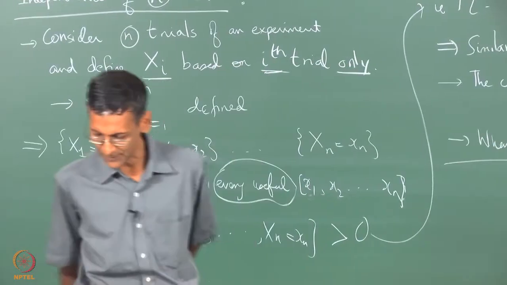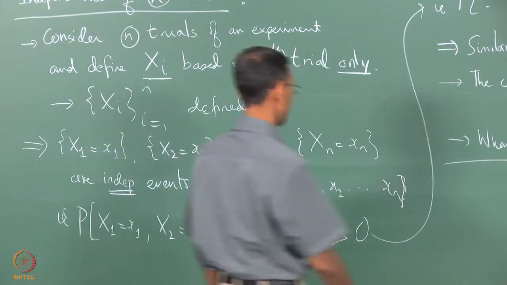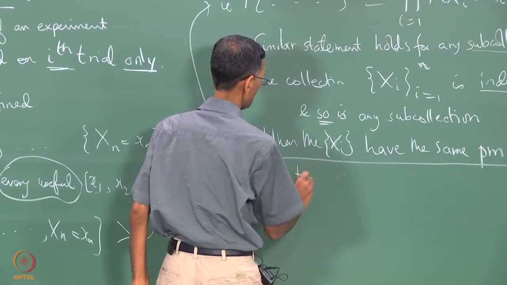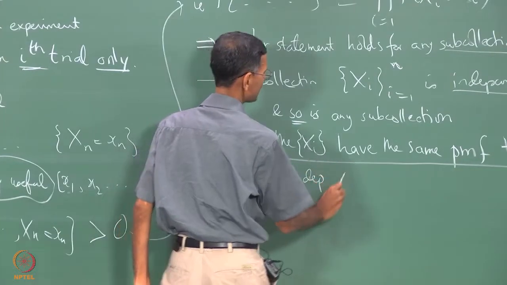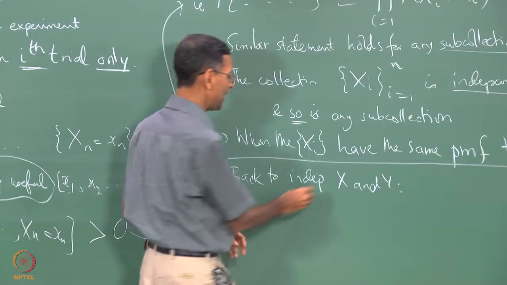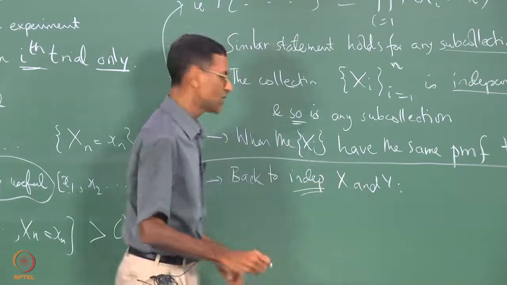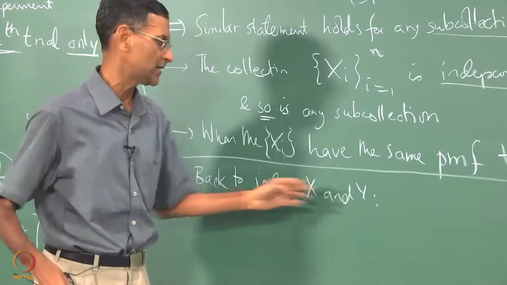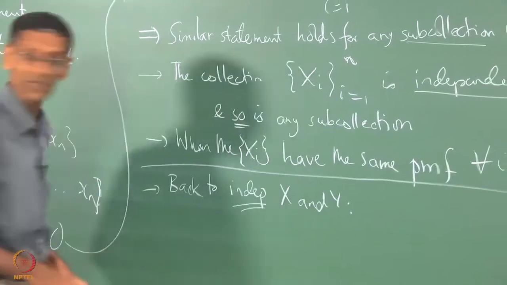Alright, so now let us continue with the 2 random variable case, back to the 2 random variables X and Y, back to independent X and Y, just 2 random variables. This means that the joint is the product of the marginals.